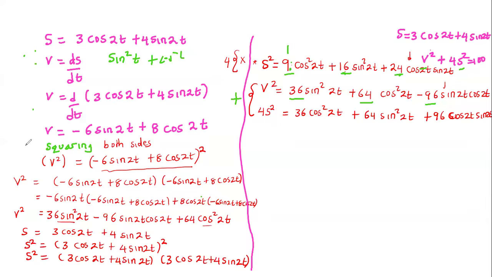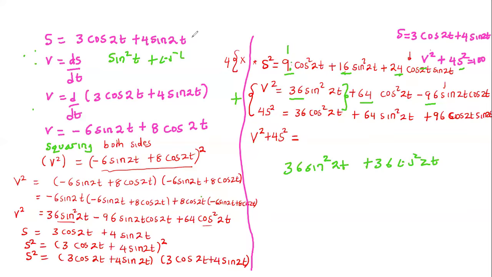So when I add, on my left I'll have V squared plus 4S squared equals to, here I want to jump some steps. Look at these two, members. I have 36 sine squared 2t plus 36 cos squared 2t. Members in the chat, which answer do we get? Very good.